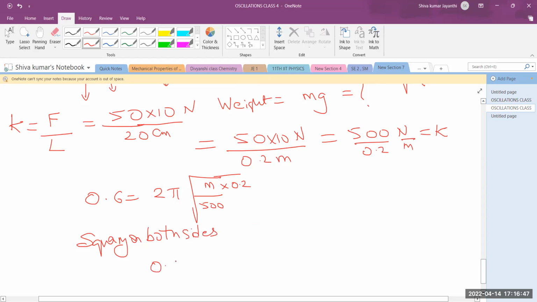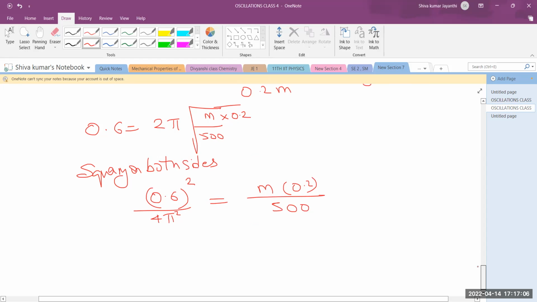Do that. 0.6 squared by... Are you understanding? 2 squared, 4 pi squared, that will come this side, is equal to m into... Understood that? Are you able to hear? Any doubts here? Are you listening? Are you understanding?